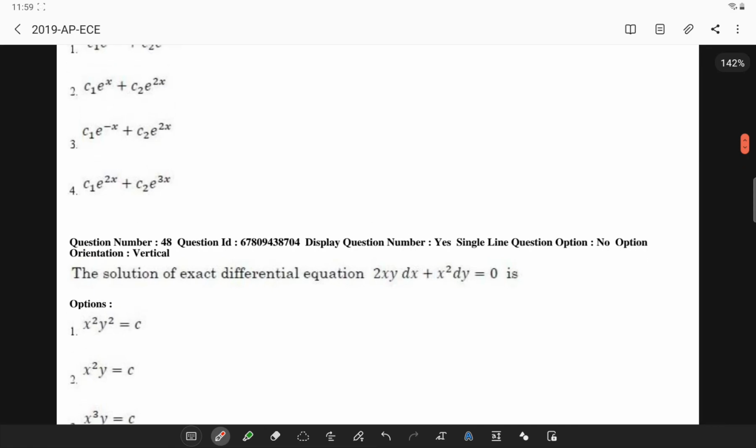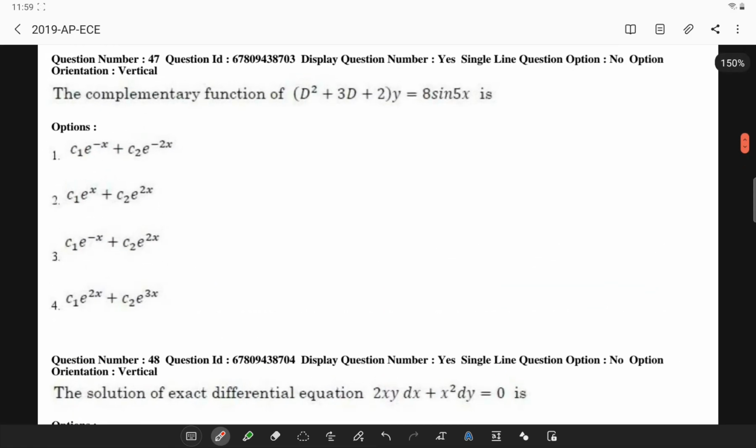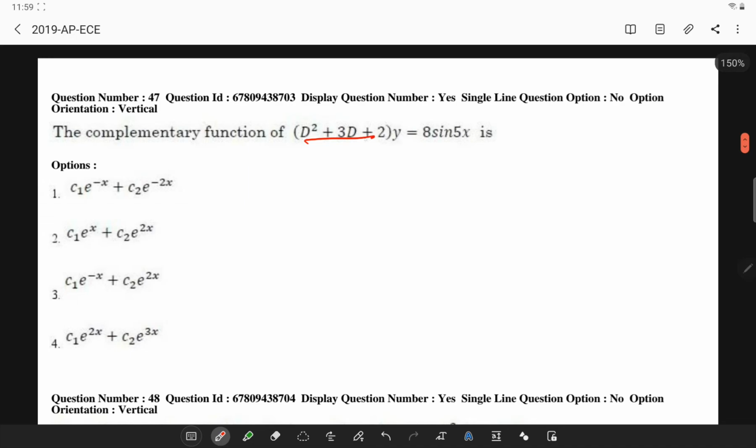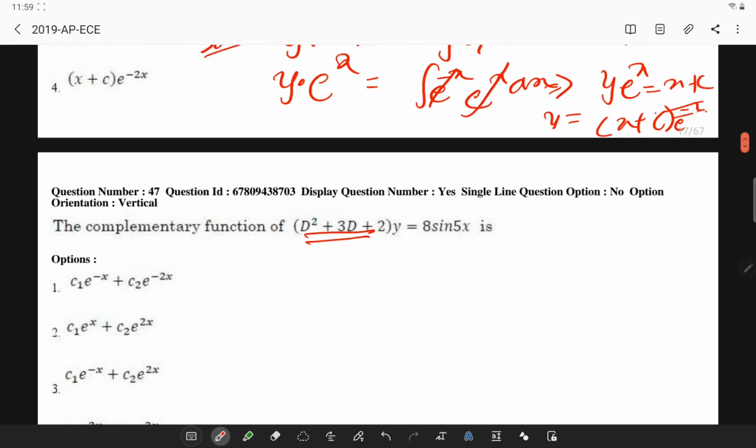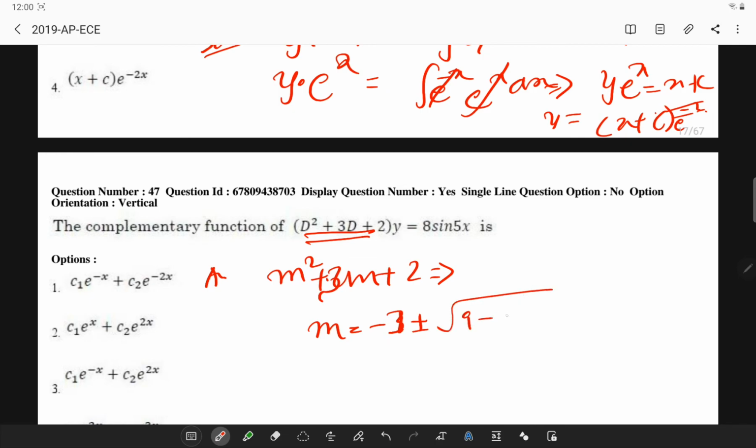Next question. If you see this equation, I have to find out the roots of this. So the auxiliary equation will be m square plus 3m plus 2. If I find out the roots of this, m is equal to minus 3 plus or minus square root of 9 minus 8 divided by 2 into 1.